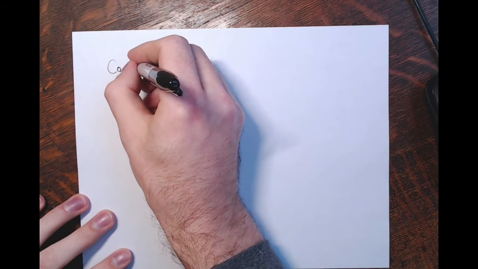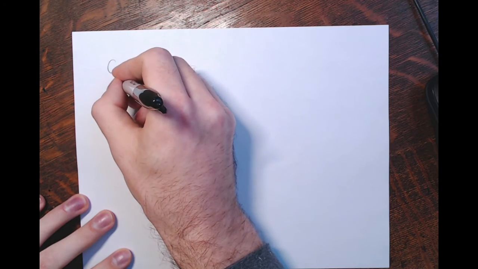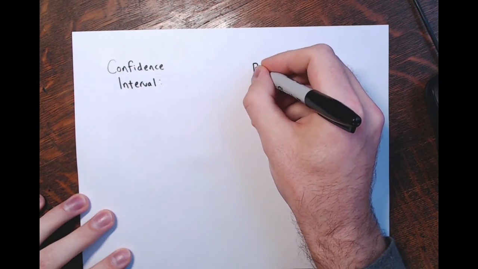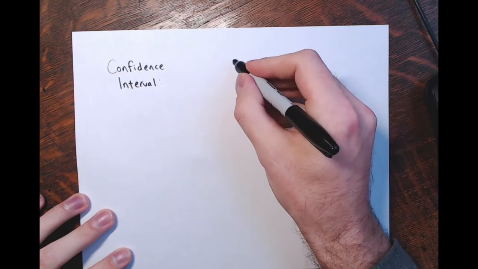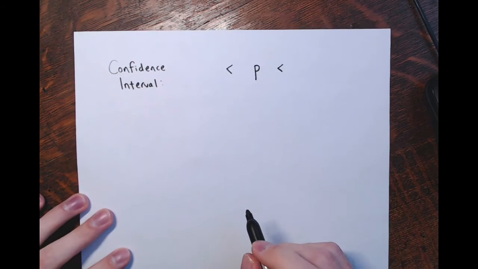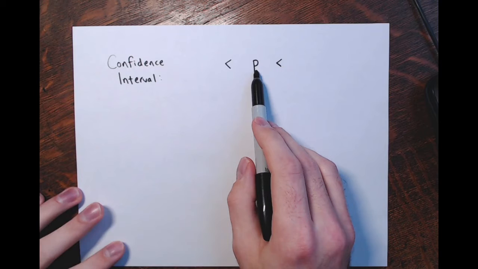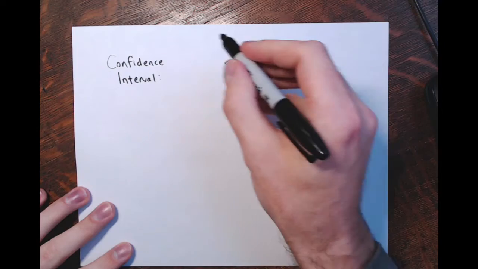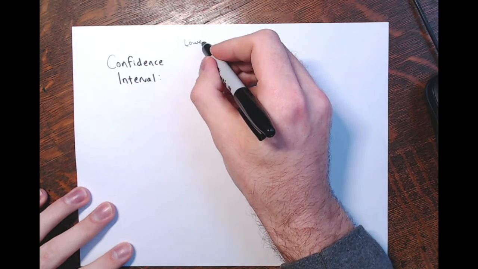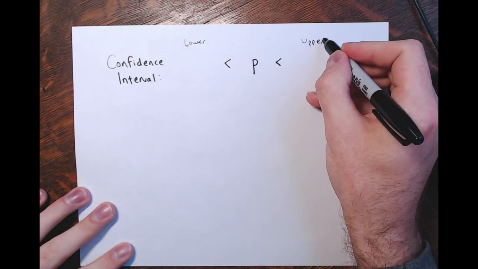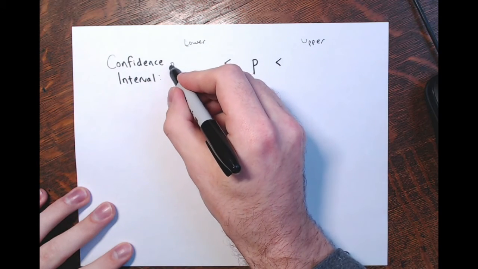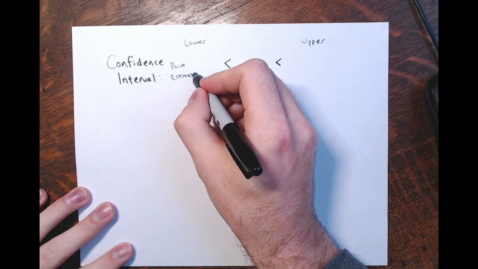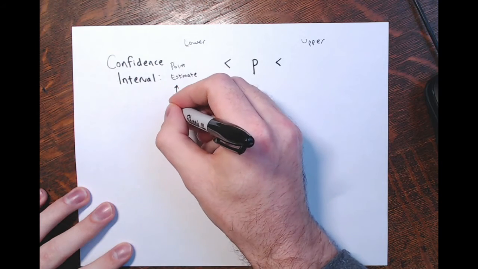So again, here is how a confidence interval is formed. Remember, this one's about proportions. They're saying that we're reasonably confident that the population proportion p, or it could be about a mean, mu, is between these two values. You have some lower bound and some upper bound. Now the lower bound is our point estimate minus some margin of error. The point estimate is a single value taken from our sample. In this case, that would be our p hat.